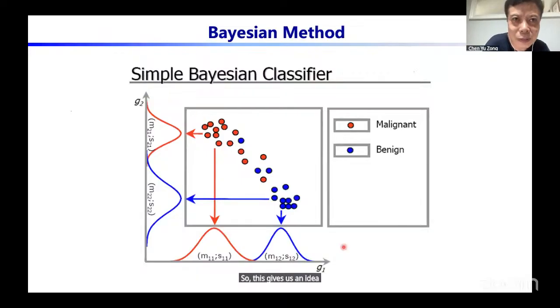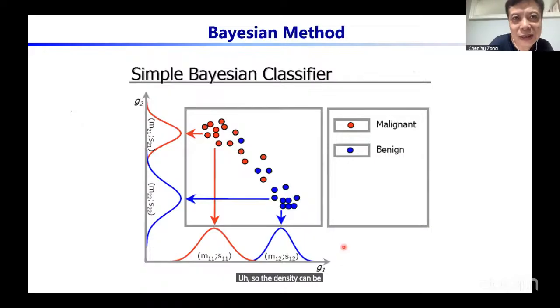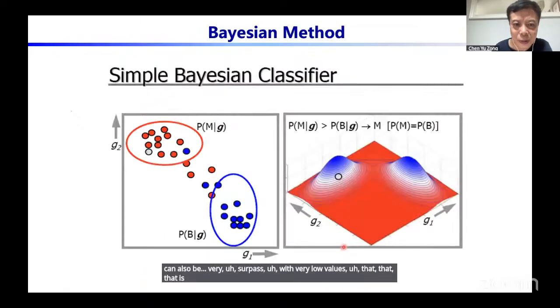Why not look at the density of the samples, and based on the densities determine the borderlines. The density can be very dense with high density values. Density can also be very sparse with very low values. That is no problem.